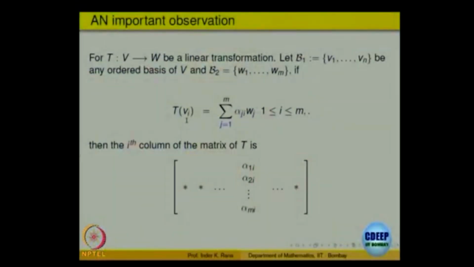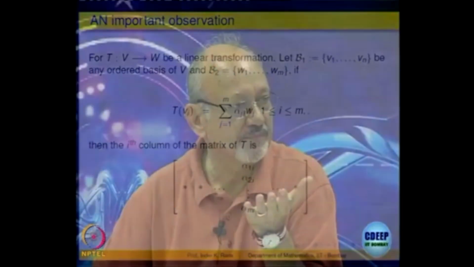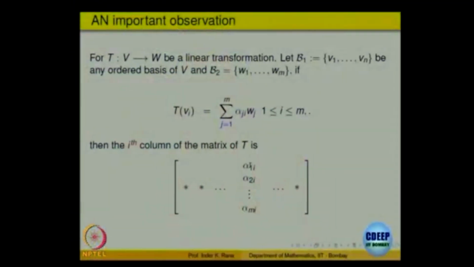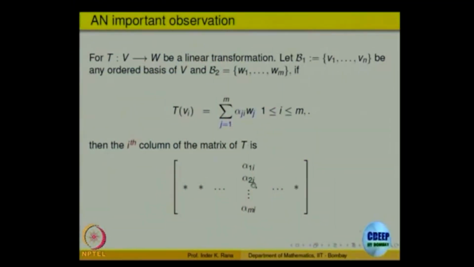So look at the ith element of the domain basis, T of Vi. That must be a linear combination of W's. Those scalars which are coming here, how many are there? m. They form the ith column.